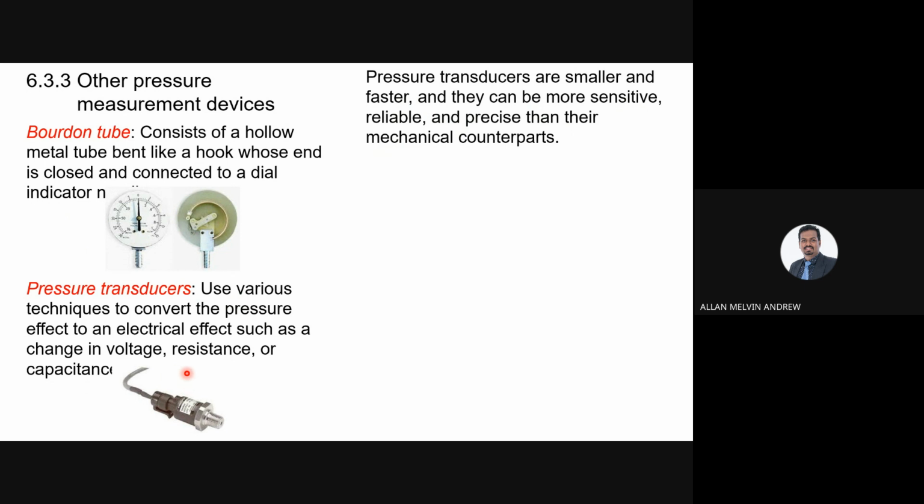It will just measure by projecting some laser point or ultrasonics or some kind of ray. It will get the value much faster. It will be more sensitive, even smaller changes it can detect. It's reliable, used for a longer time, and precise.